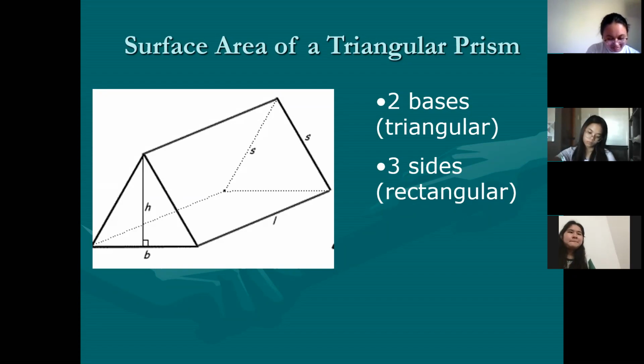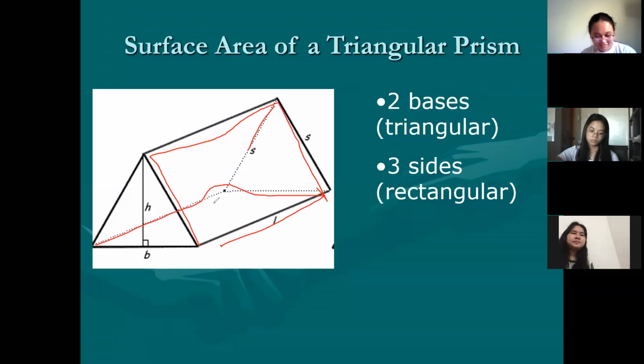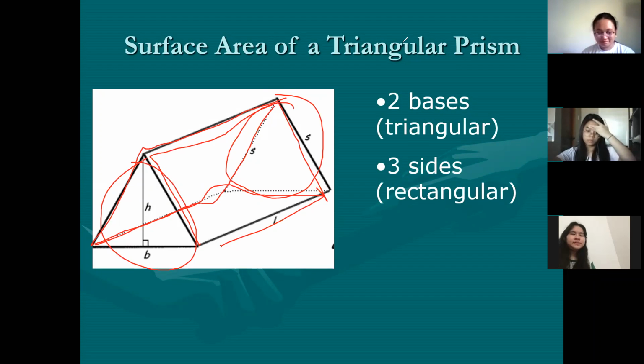It's the one below. Can you see? This is a face, this is a face, and this is another face. These are the lateral faces. This is your base here, class, and this is your top face to make it a triangular prism.